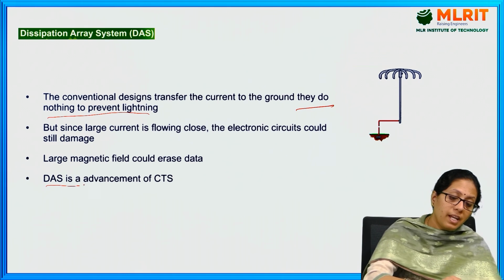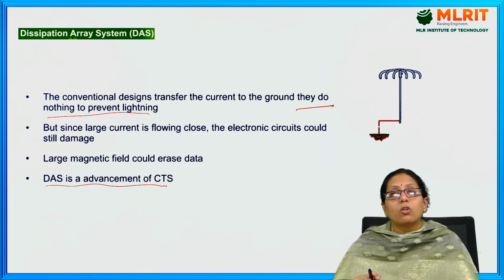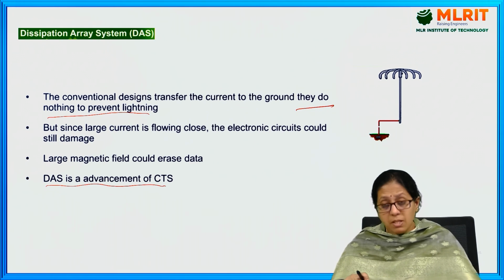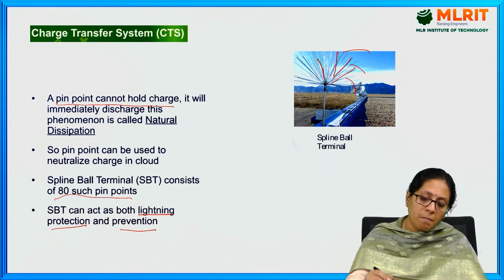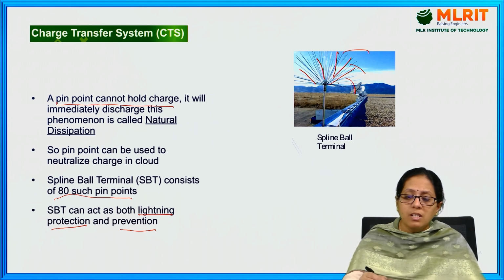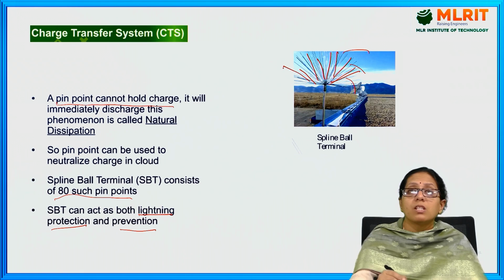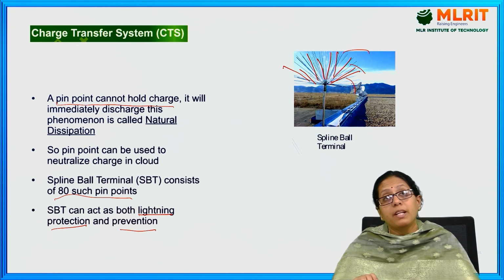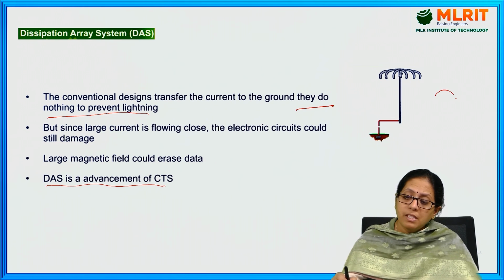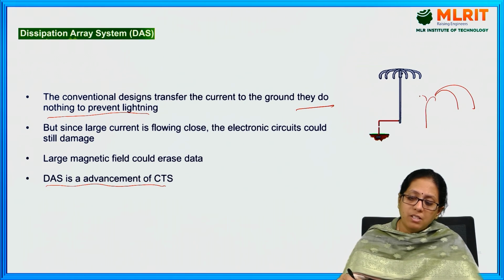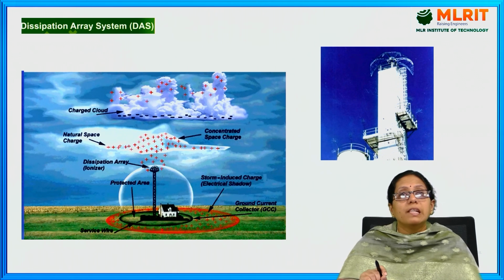This DAS is an advancement of the CTS. That means previously these pins, you can see, are like straight pins provided in CTS, but here in DAS the pins are being bent. This is one of the DAS systems.